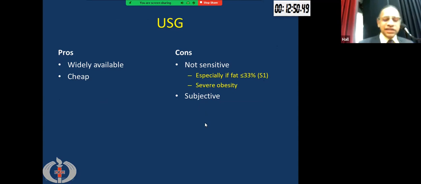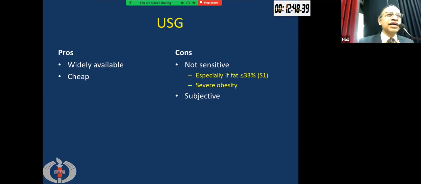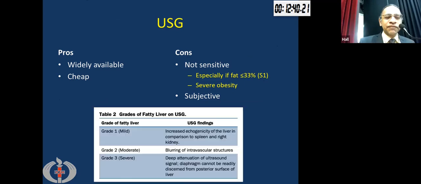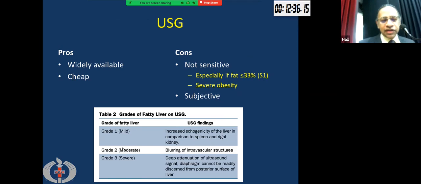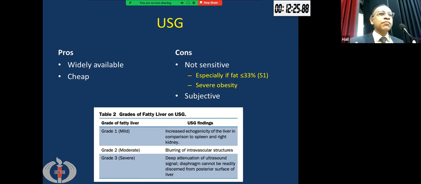And there's always a subjective variation. Some people may mark it as grade 3 fatty liver, and some people may say it is grade 2. So there's always a debate between the radiologists. How do you grade based on the ultrasound? Grade 1, or mild fatty liver, is when there's increased echogenicity of the liver compared to the spleen or the kidney. So when the liver looks more bright, it is grade 1.